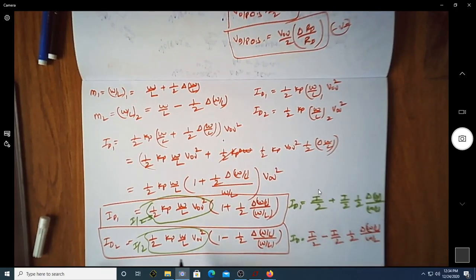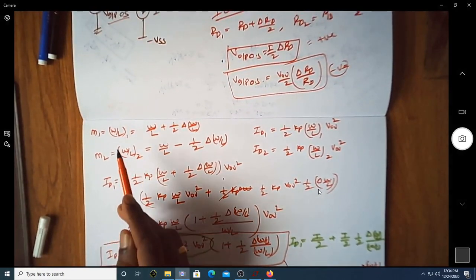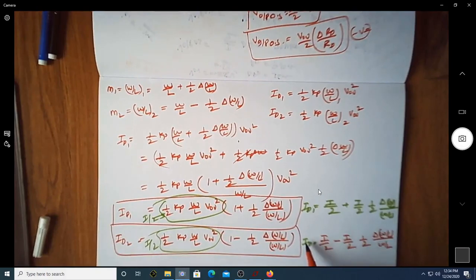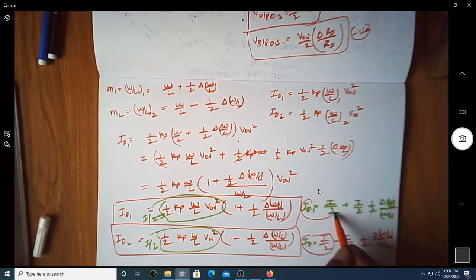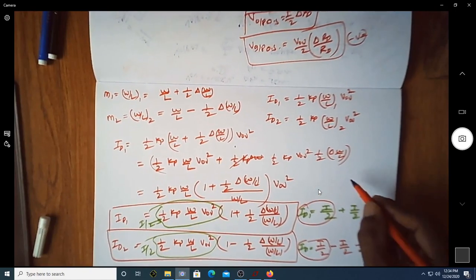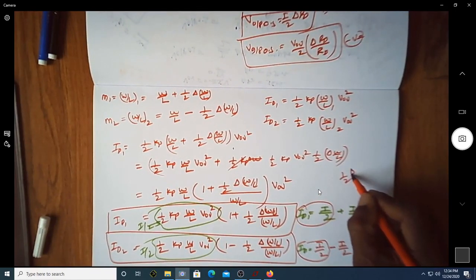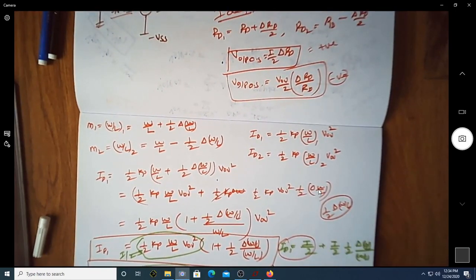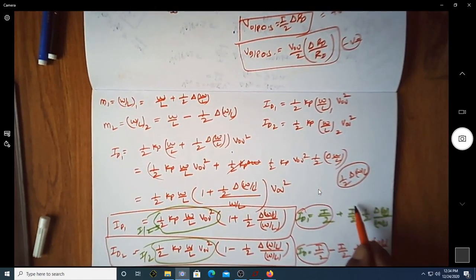Now, if there was no mismatch in the W by L of the transistor, the current that was flowing was only I by 2, that is ID was equal to I by 2 if there was no error. Since there is a mismatch in the W by L, which is of the quantity half of delta W by L, we have a change in current from the expected value.